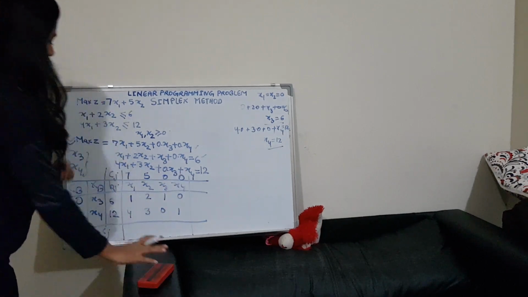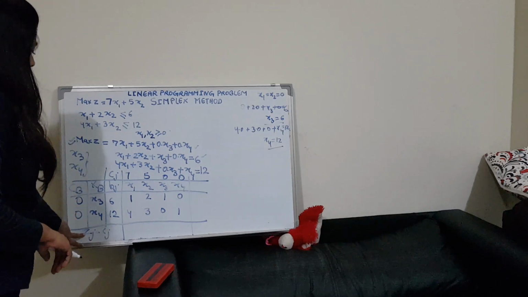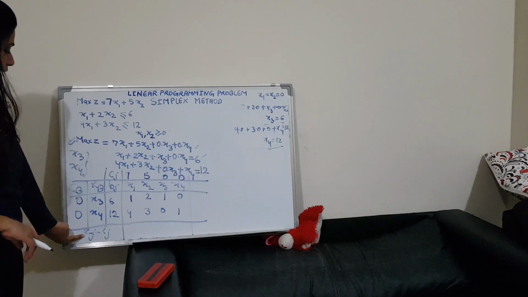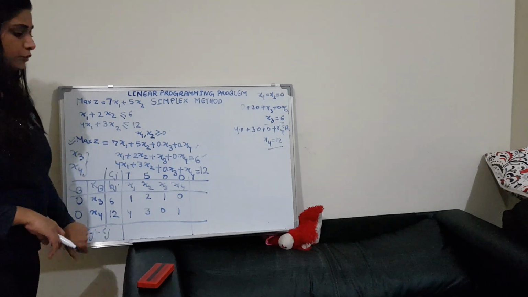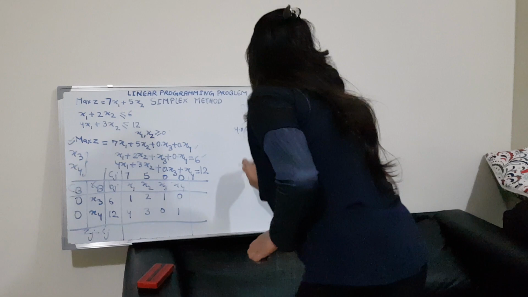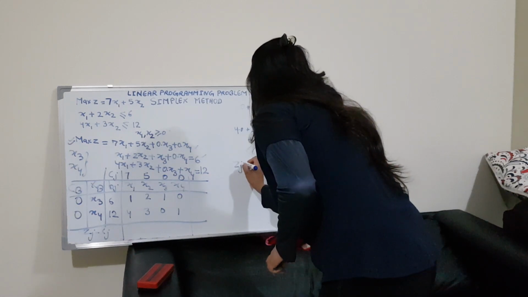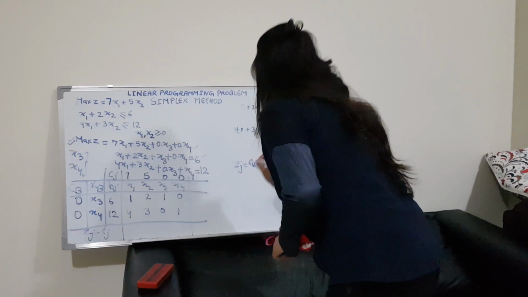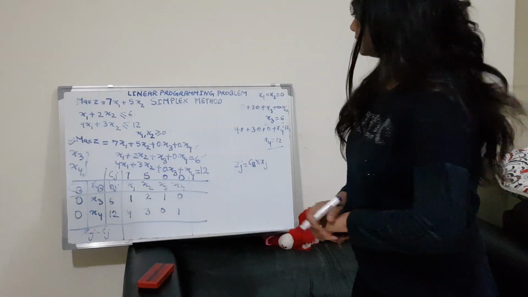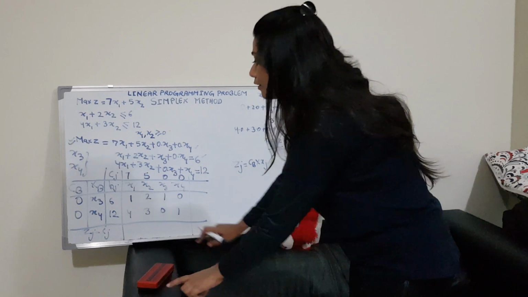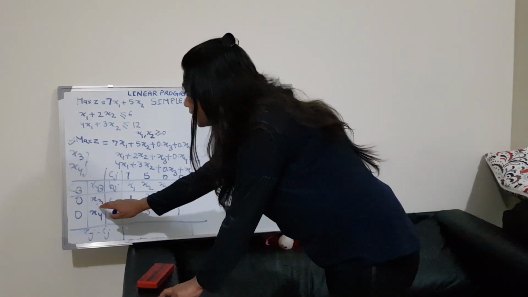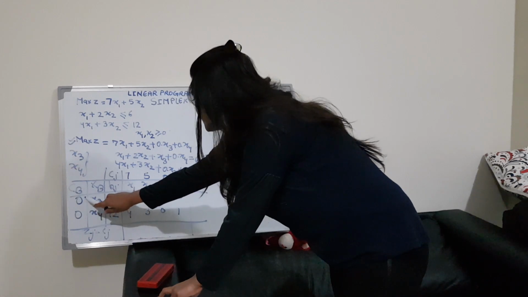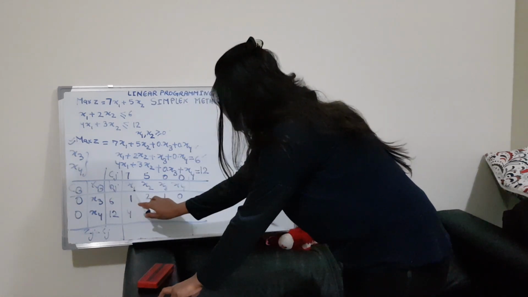Now we will calculate Zj minus Cj. So we will calculate the value of Zj from the formula Zj equal to Cb into Xj. So how we will calculate? For first column, Cb 0 and x1.